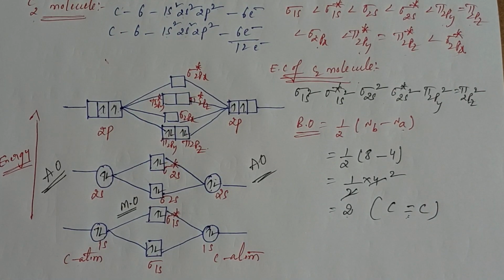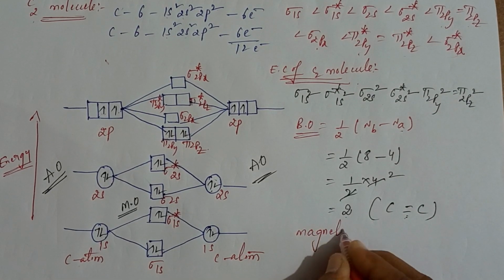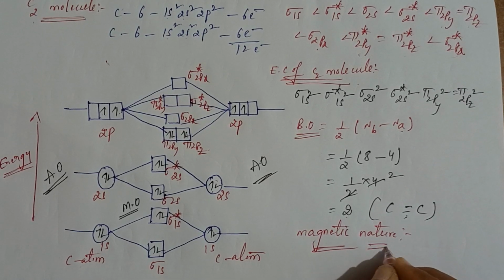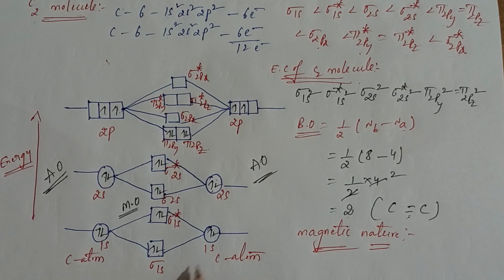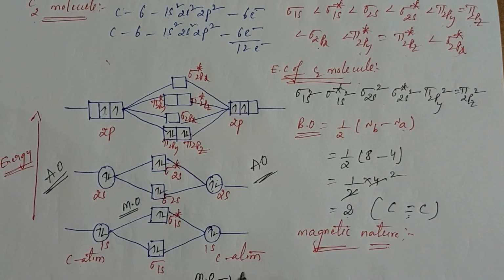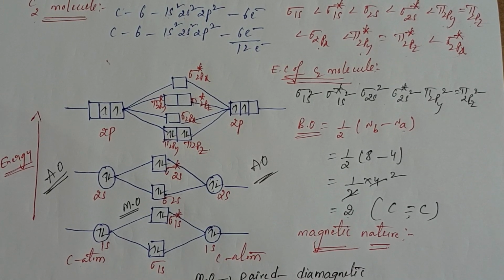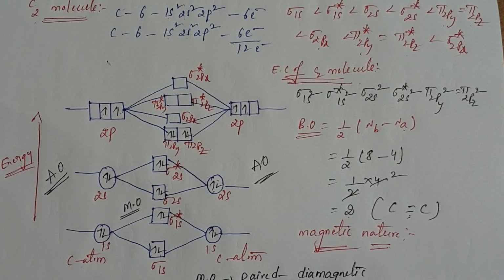Now we have to find the magnetic nature. If the molecular orbitals are paired, it means diamagnetic. If molecular orbitals have unpaired electrons, that is paramagnetic.